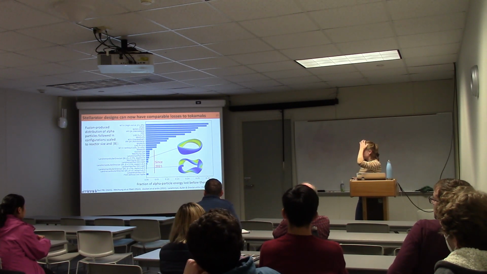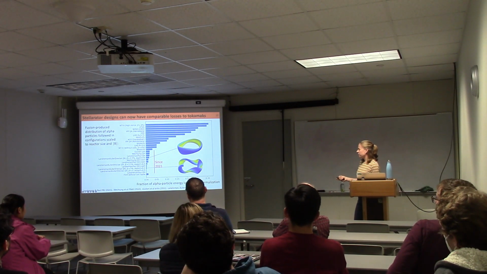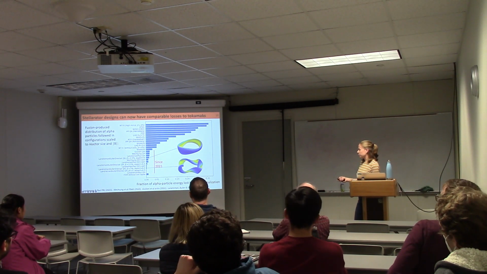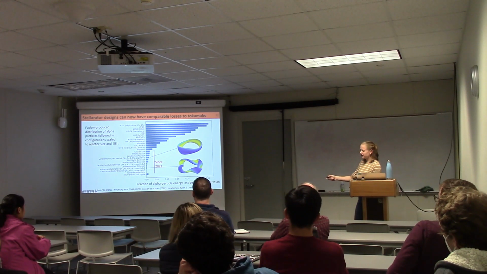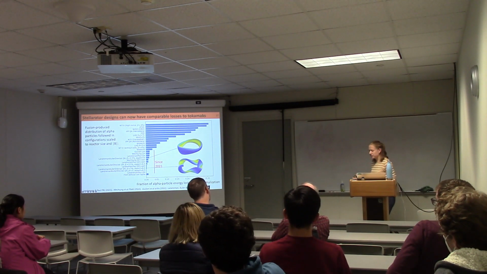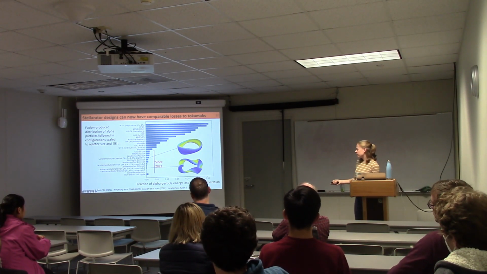So this is the same plot I showed a few slides ago. In addition to the historical configurations, we found just within the past year a bunch of configurations that have losses analogous to those in the tokamak. The last configuration you see on this plot is ITER without coil ripple. ITER is a very large tokamak being built in France, so it is axisymmetric, and even in that configuration you have a few percent of losses.